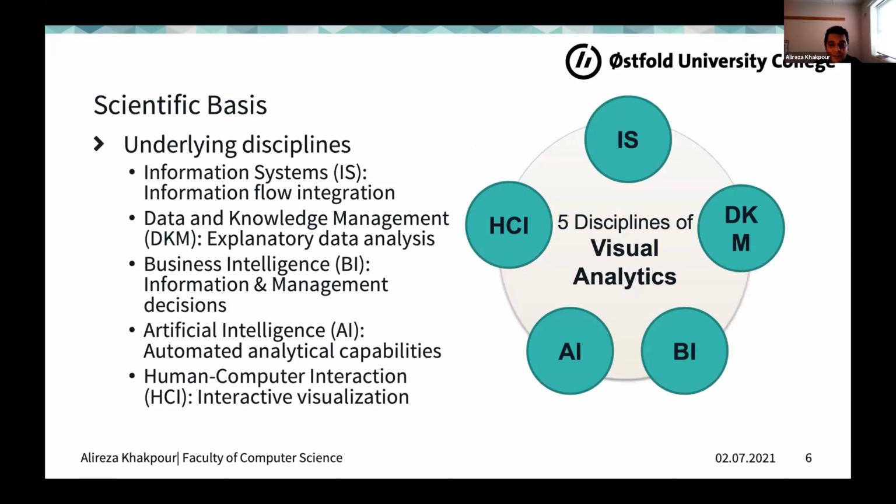Disciplines like information systems, which deals with information flow integration and data and knowledge management when it comes to exploratory data analysis, the intersection of VA with BI, which takes care of combining business information and management decisions, artificial intelligence when providing automated analytical capabilities, and finally HCI by creating interactive visualizations.